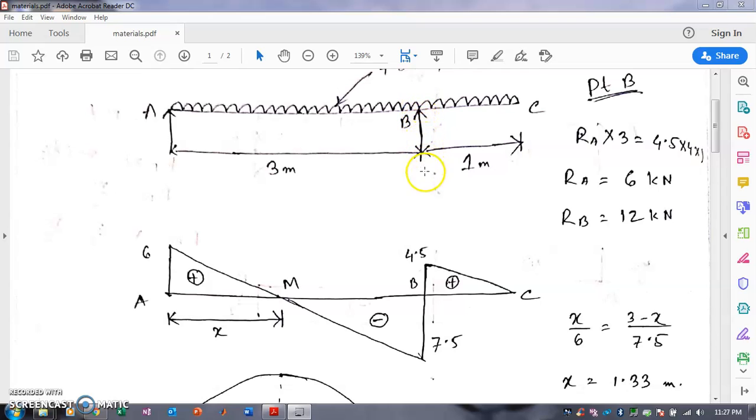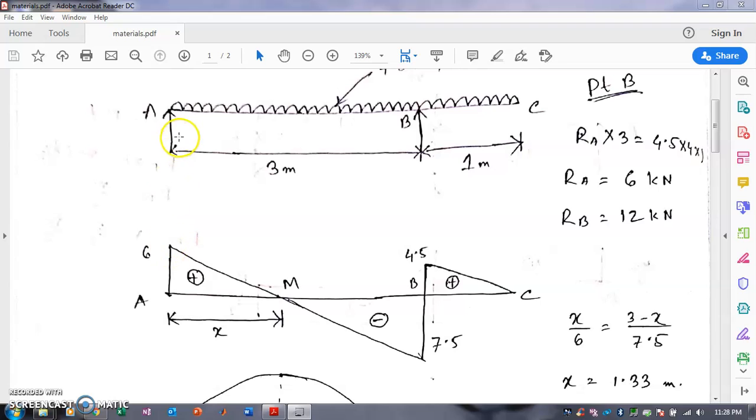As RB is upward on the right hand side of point X, we all know that an upward force on the right hand side becomes negative as it is opposite to the y axis. So now we have to subtract RB from this 4.5. RB is 12 kilonewton. So 4.5 minus 12 is minus 7.5. So it will be 7.5 and the sign will be minus. And again, we all know that the value of RA is 6 kilonewton.